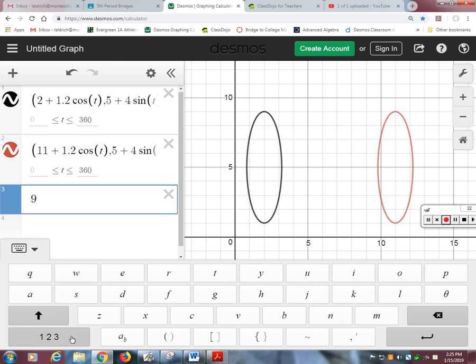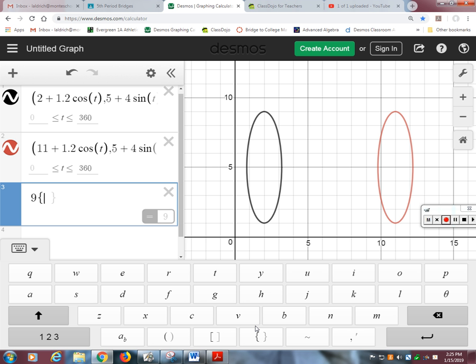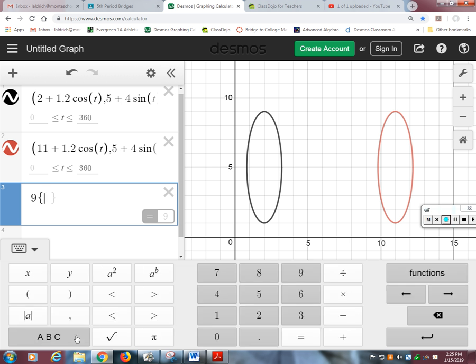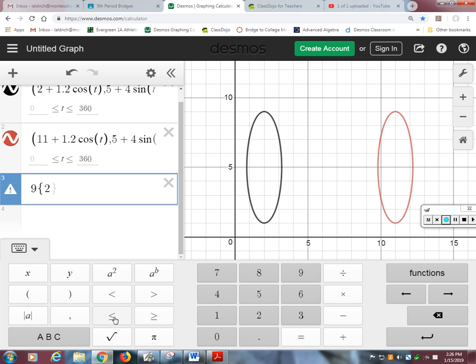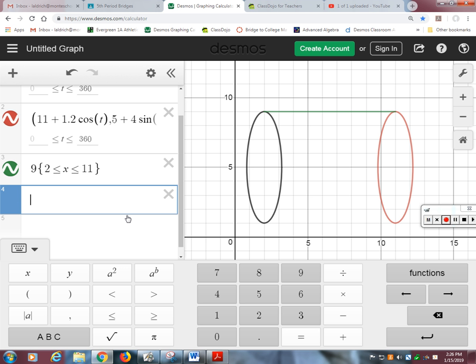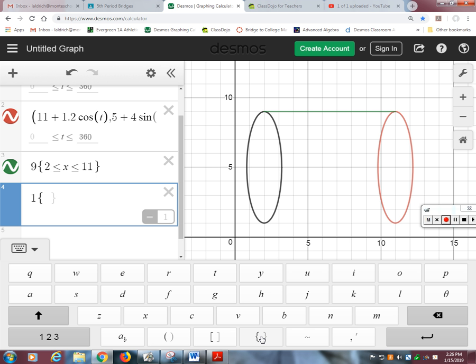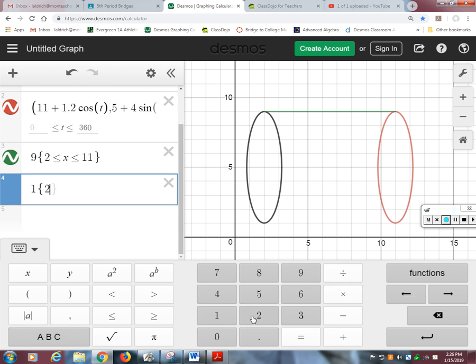So 2 is less than or equal to x, which is less than or equal to 11. There we go. And then the other one was 1, same thing, so I guess I just didn't need the y equals. Then the fancy brackets, 2 less than or equal to x, less than or equal to 11. So there's the cylinder.